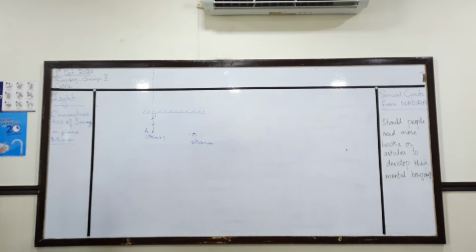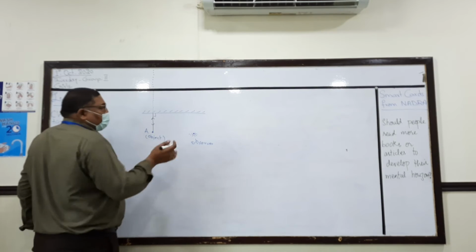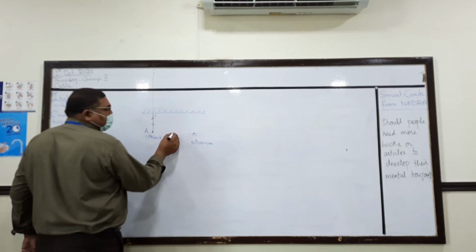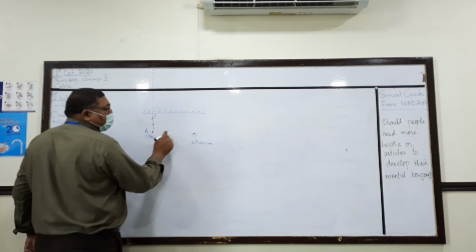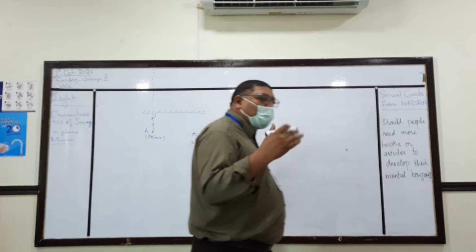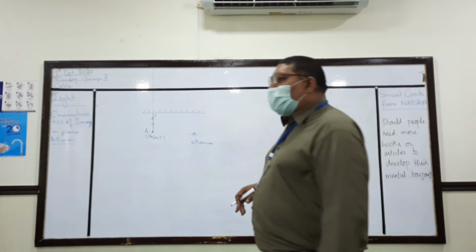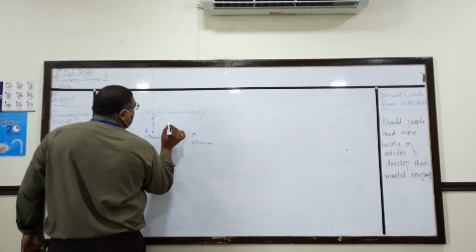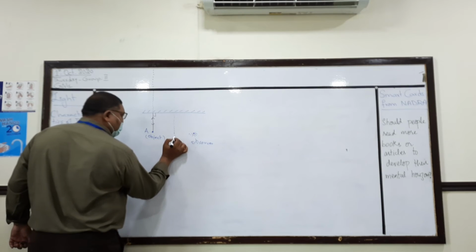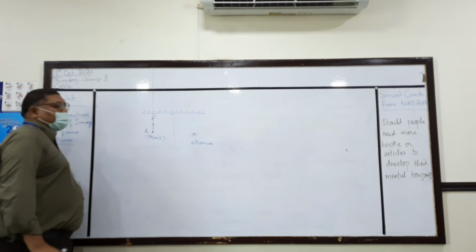Then you see, this is the object, this is the observer. Check the midpoint of the distance between them, which you can measure with the help of a scale. From that midpoint, draw a normal to the surface of the mirror.